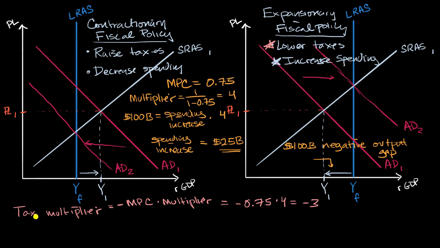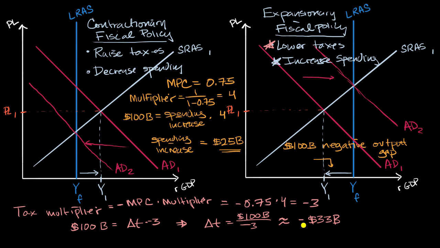And so one way to think about it is, if we want to close a $100 billion output gap, that is going to be equal to delta T, how much we increase taxes, times negative 3. If we want to solve for delta T, we divide both sides by negative 3, and delta T is equal to $100 billion divided by negative 3, which is approximately equal to negative $33 billion.